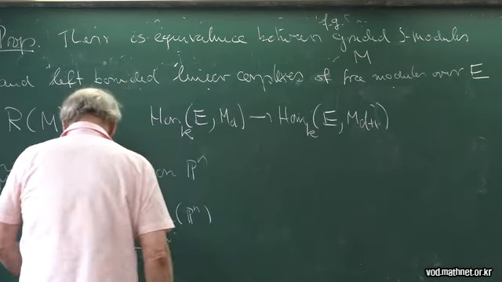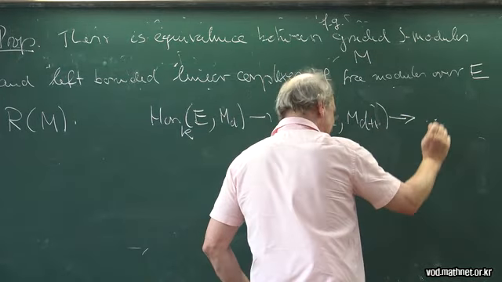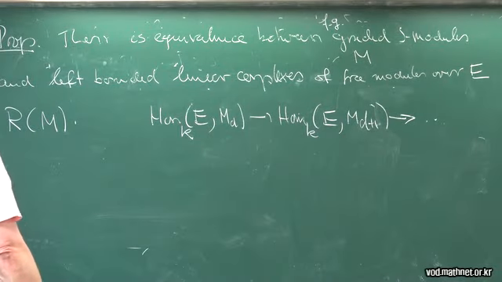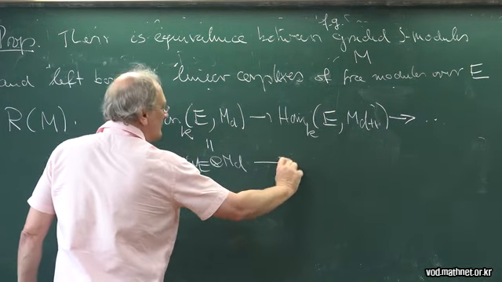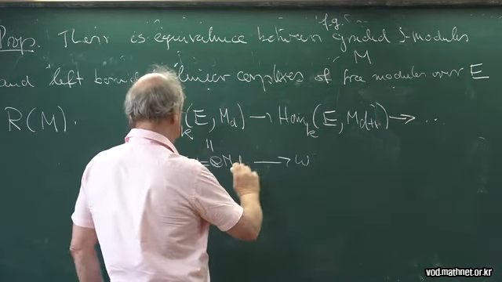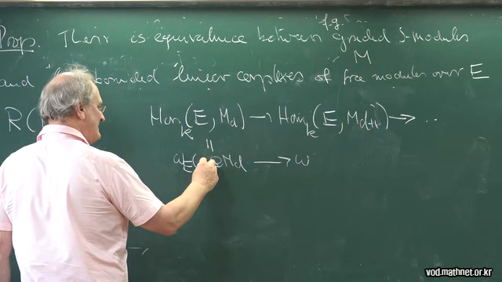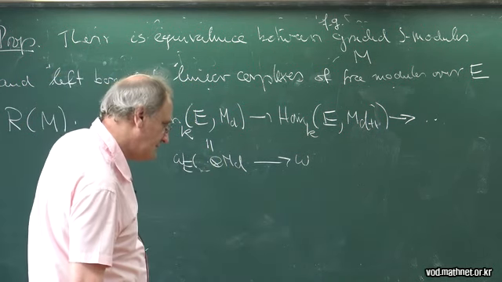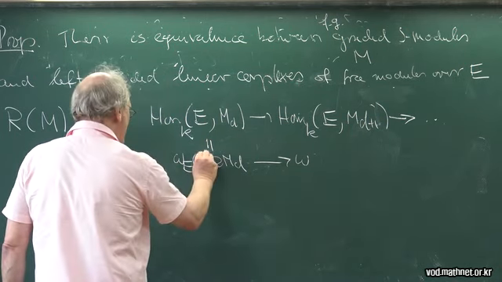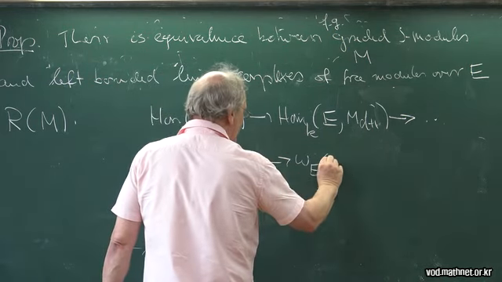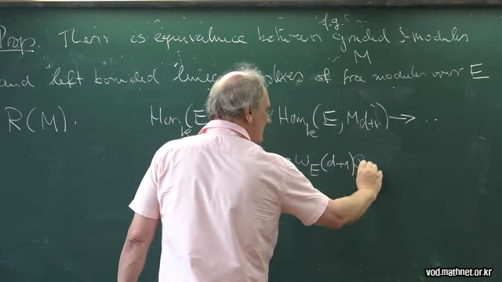And of course, this is just the same as omega_E tensor M_d going to omega_E twisted by d, and then omega_E of d+1 tensor M_{d+1}.